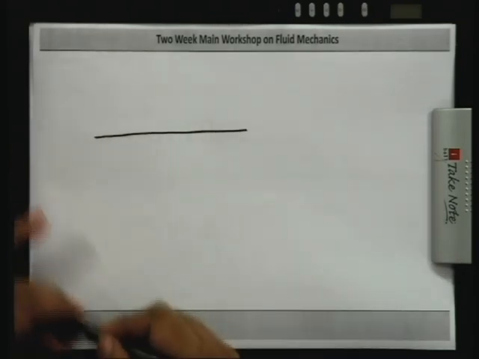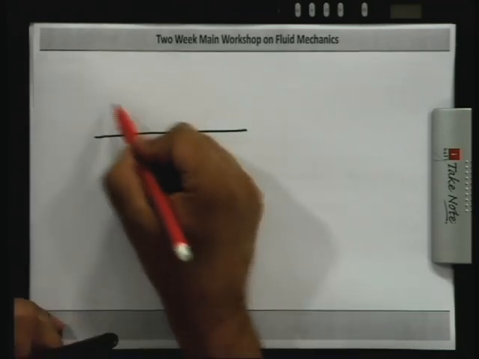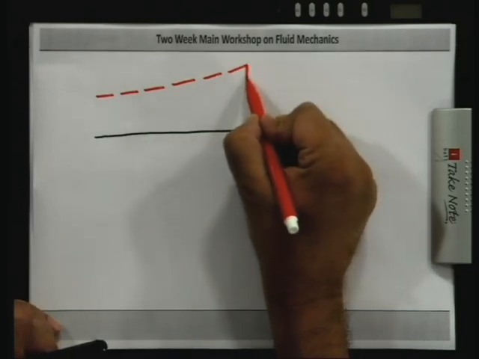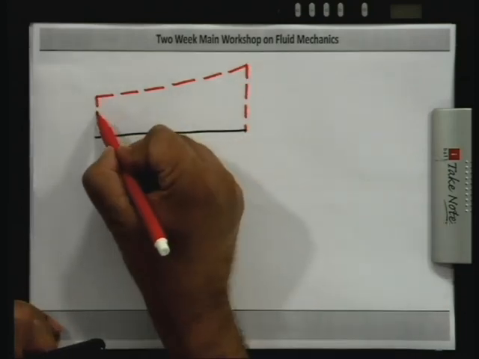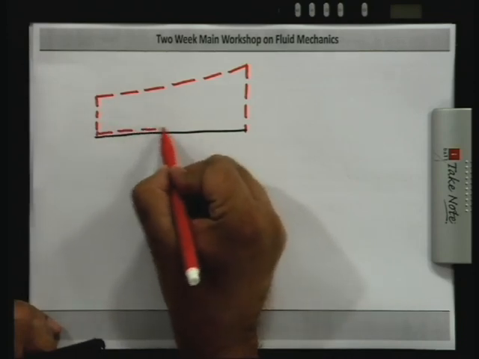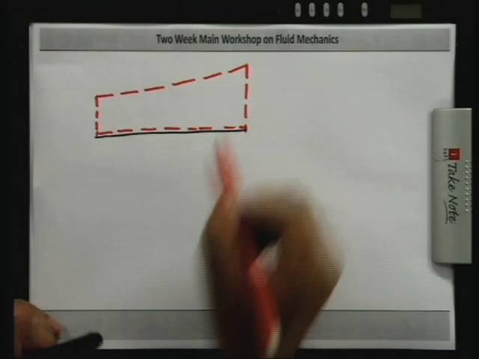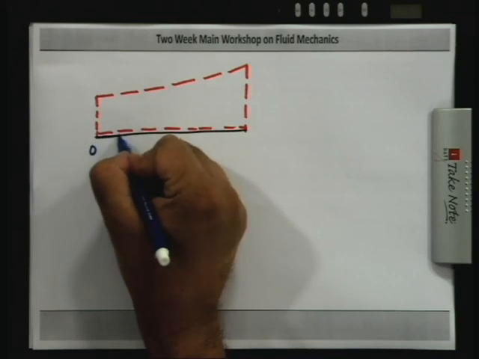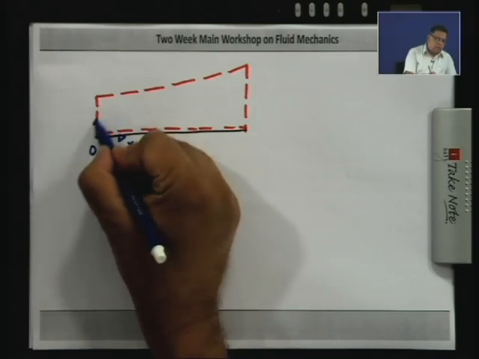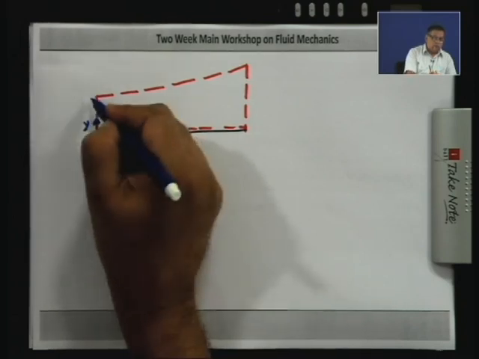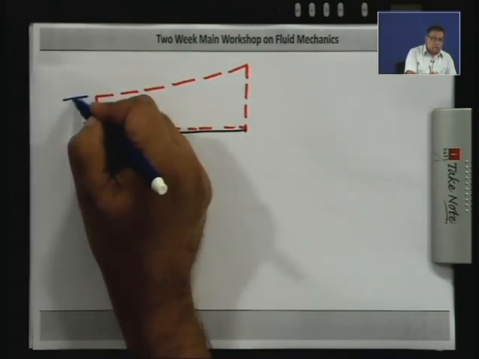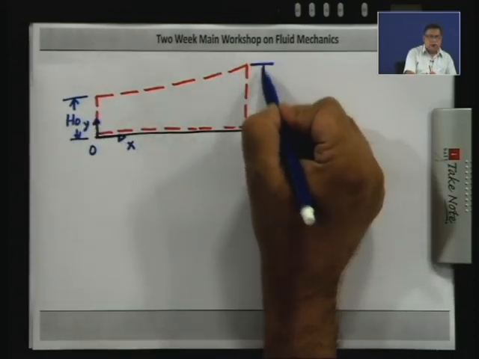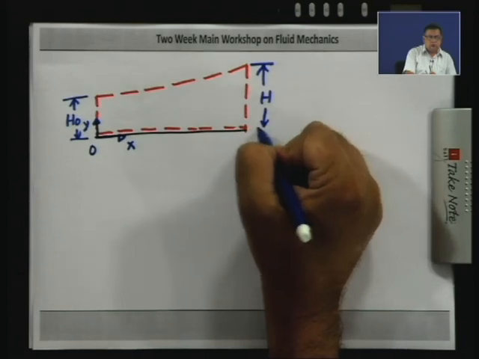So, there is a plate and I will draw that control volume. Now, as I said, our origin is at the leading edge and x is along the plate and y is in the normal direction. So, this vertical distance, we will call h naught, and this height we will call h.